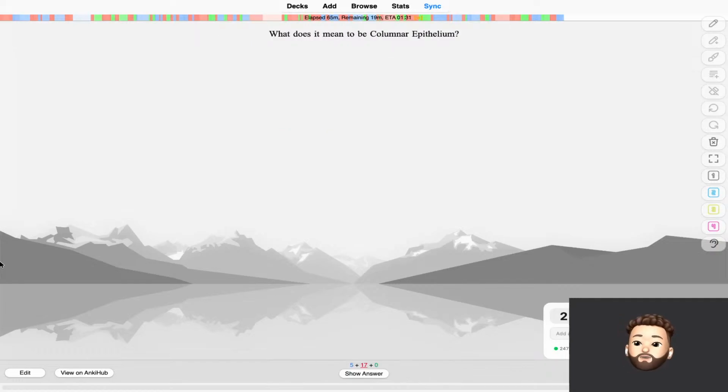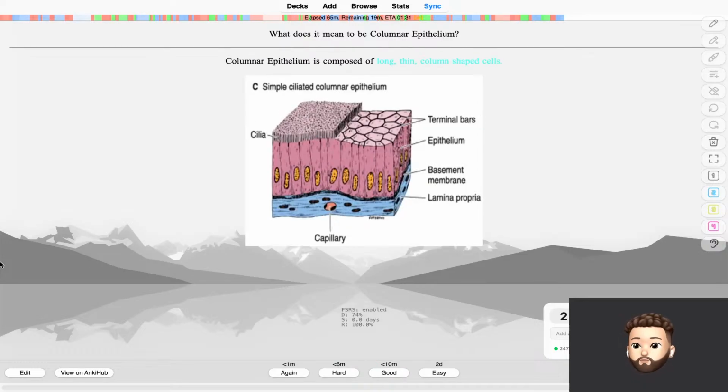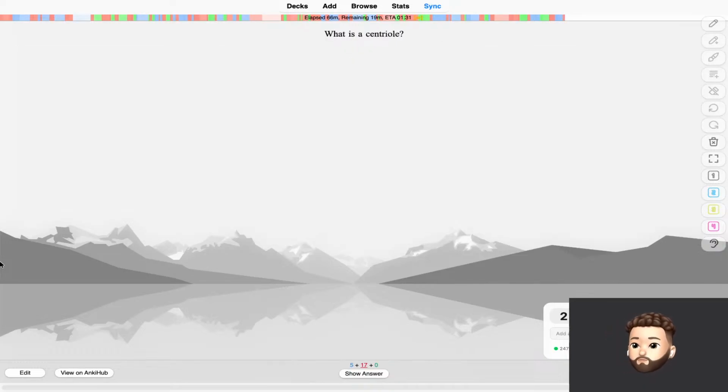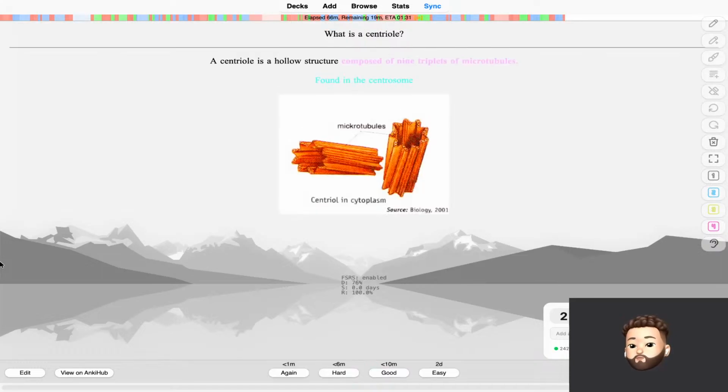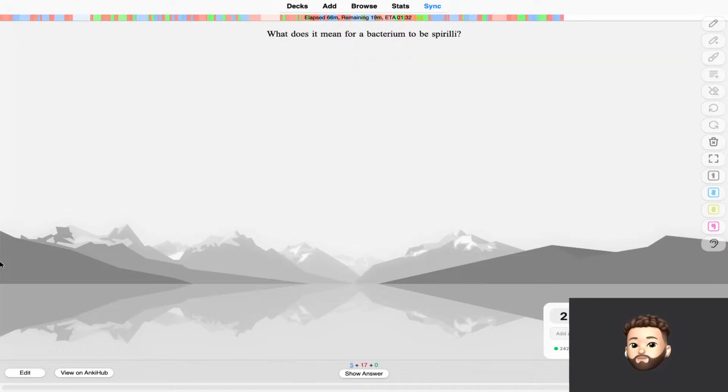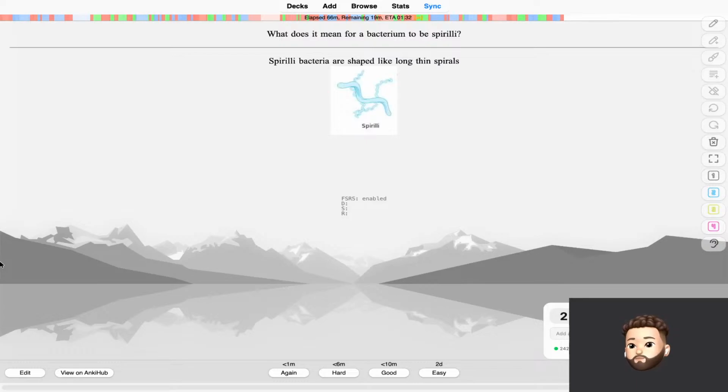Columnar epithelial cells are thin, long, column-shaped cells. What is a centriole? It's a hollow structure composed of nine triplets of microtubules. It means that the bacteria is spiral shaped.